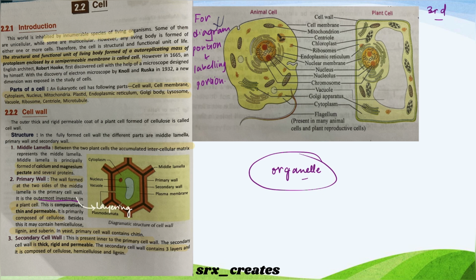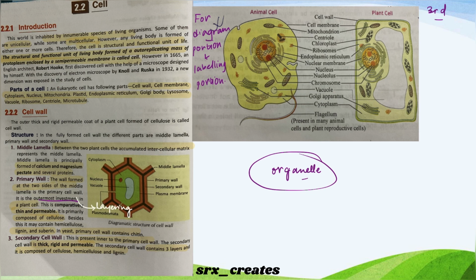There are innumerable species, a lot of species we have. Some of them are unicellular, some multicellular, but a living body is made up of a cell. Let it be uni or multi, it is the structural and functional unit of life, which is also replicating its mass or gets divided.